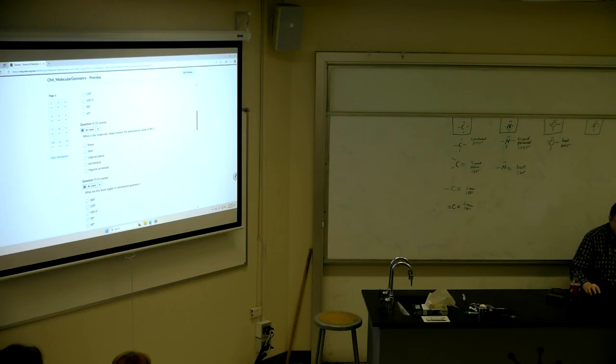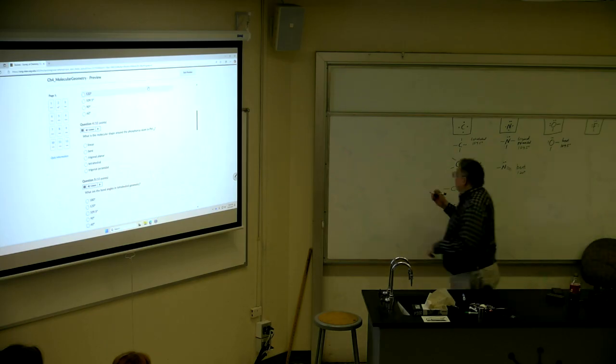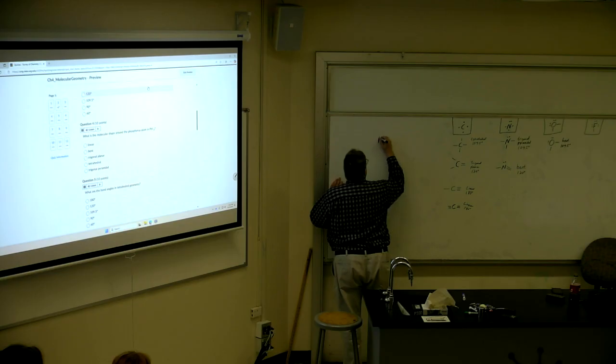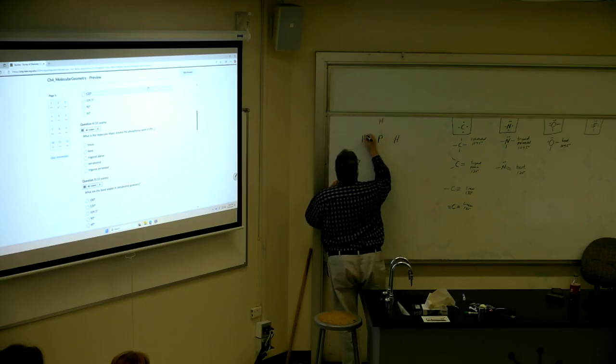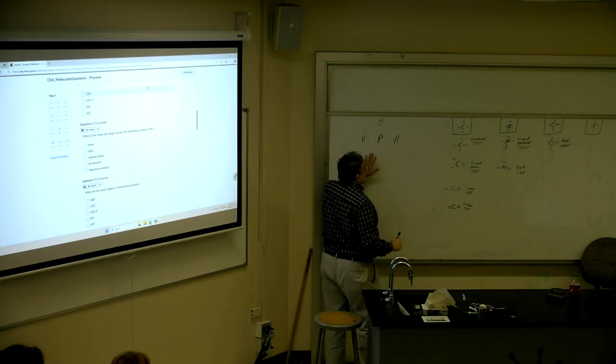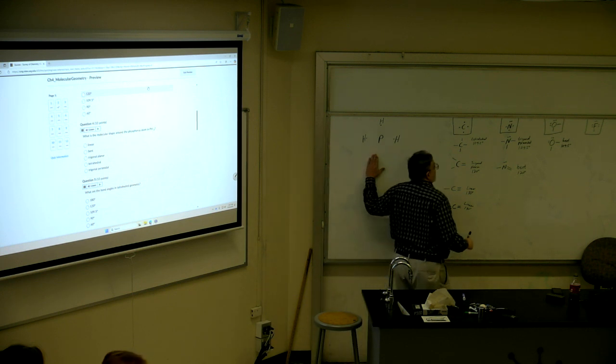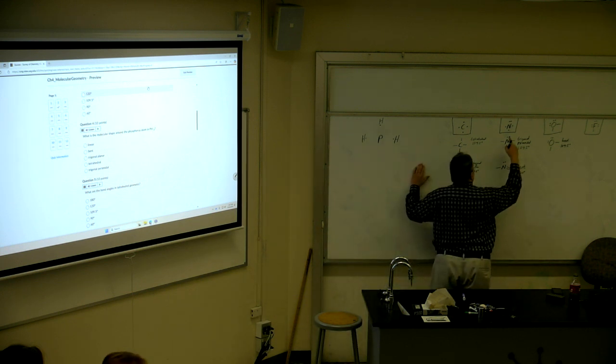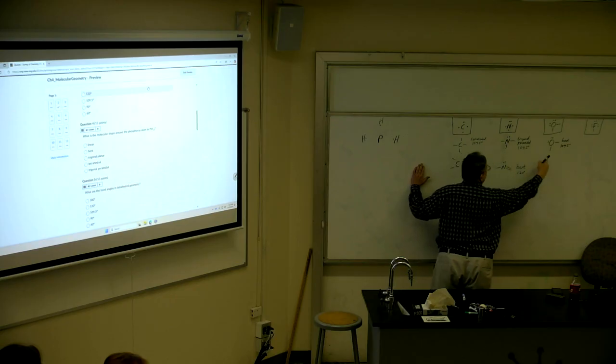Maybe the difficulty with some of these would be PH3. You're given P, and there's 3 H's. I'm going to draw them the way I want. There's the Lewis structure of hydrogen. How many valence electrons are in phosphorus? Phosphorus is below nitrogen.